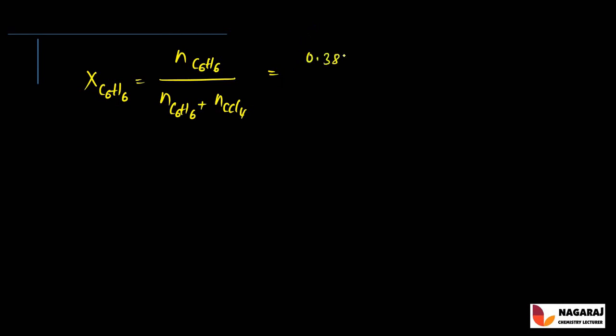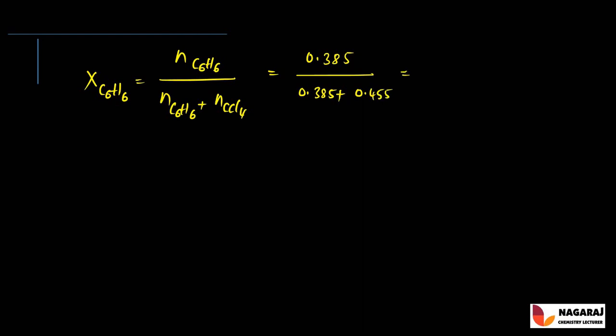Let us see how to calculate the mole fraction. So mole fraction of benzene C6H6 is equal to number of moles of benzene divided by number of moles of benzene plus number of moles of carbon tetrachloride. So number of moles of benzene is 0.385 divided by 0.385 plus 0.455.